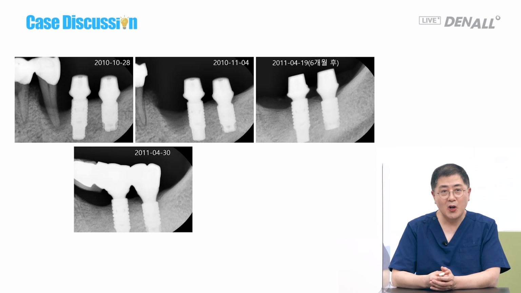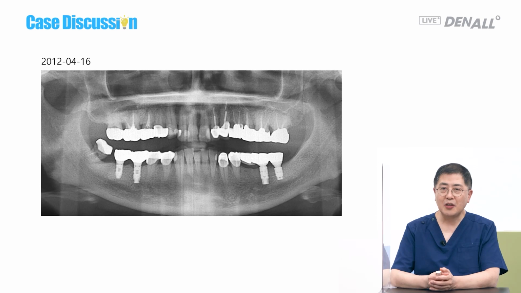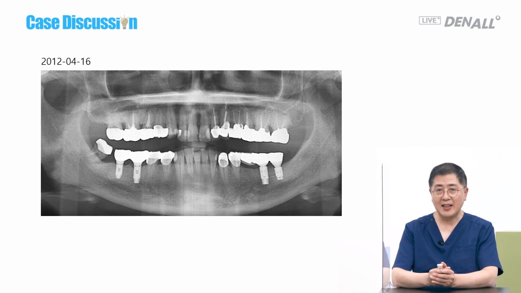It is marvelous to see the change of tissue. At the beginning, I thought number 36 may be extracted in the future. So I was really surprised to see remarkable healing of bone, and the cantilever was made for the prosthesis.